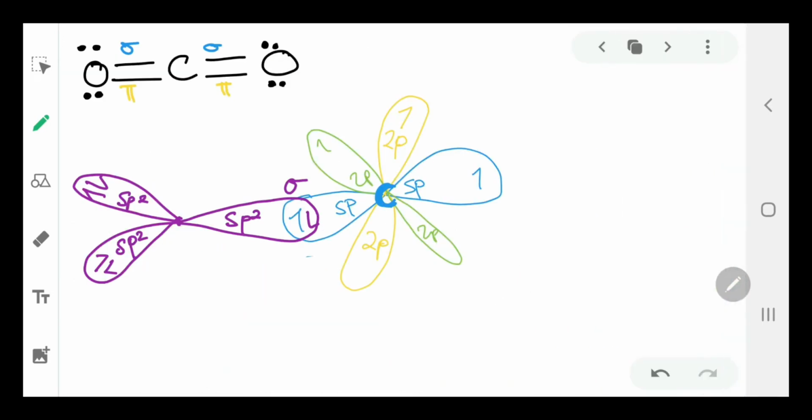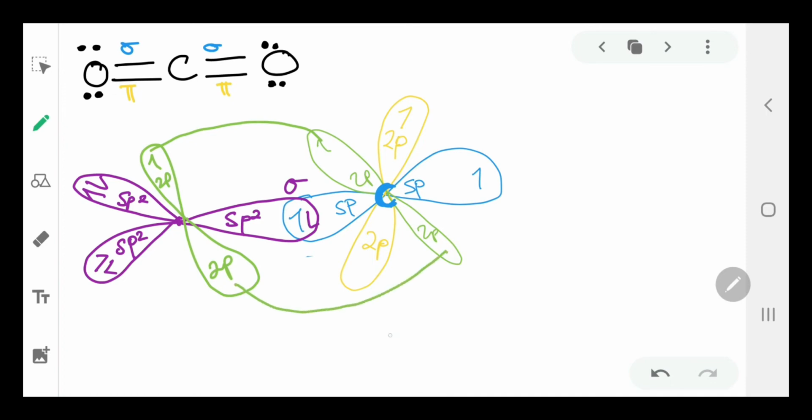So you're gonna draw 1 here, like that. So this one is 1 electron, 2p and 2p. So what happened here, these 2 will be overlapping sideways. So that's how you're going to show sideways overlapping.